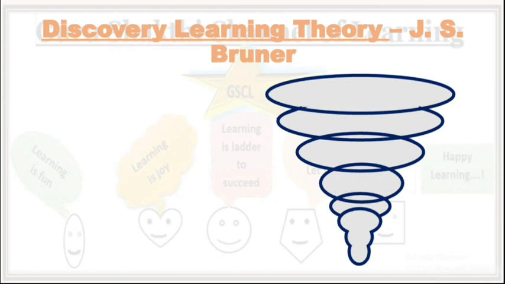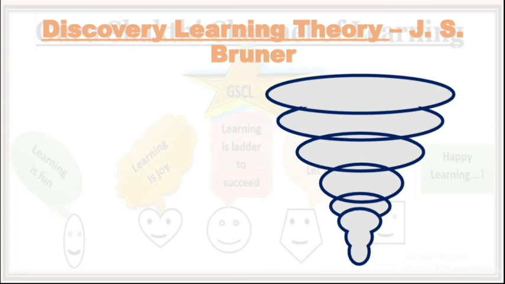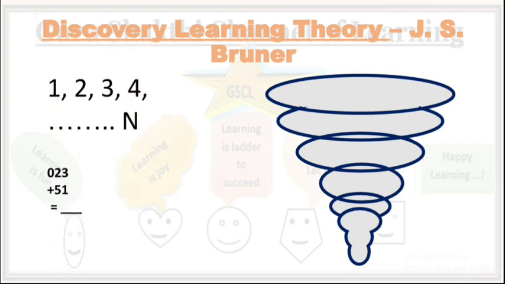Example, if the child is taught at first standard numbers, then in second standard the number concept is revisited. Then addition without carrying is taught. Then as the child will be in third standard, numbers plus addition without carrying plus addition with carrying is taught.